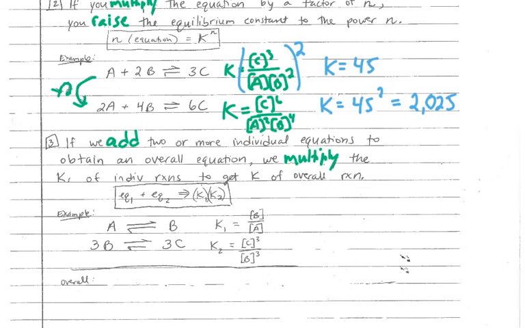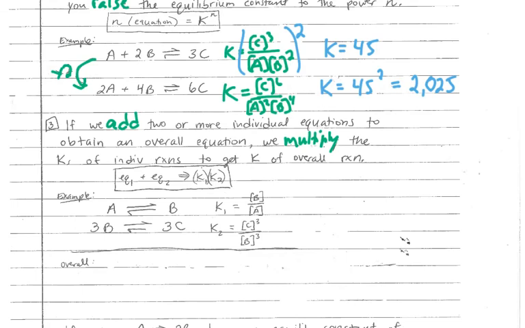So let's look at this again and derive this rule. We have the simple equation A reacts to form B, then 3B react to form 3C. If we add these together, overall we get A plus 2B, because one of these will cancel out with that. So we get A plus 2B reacts to form 3C.